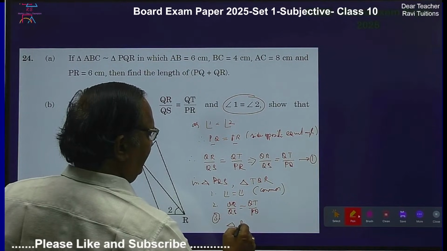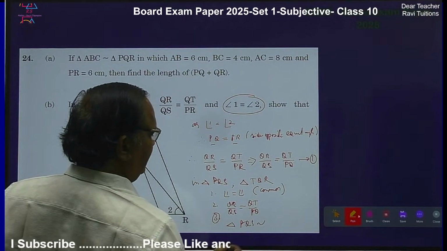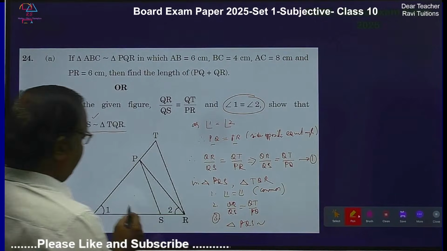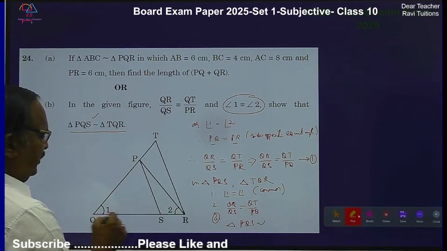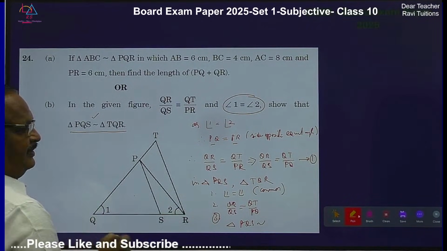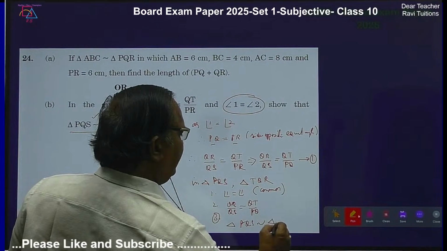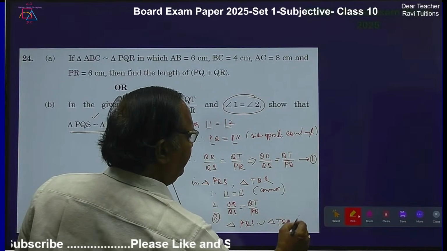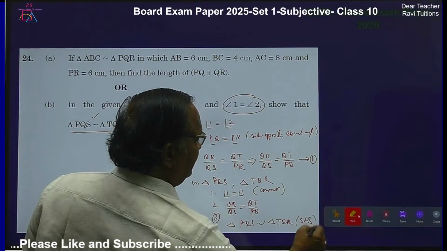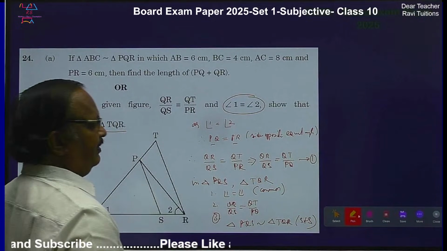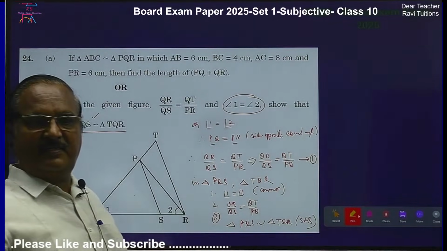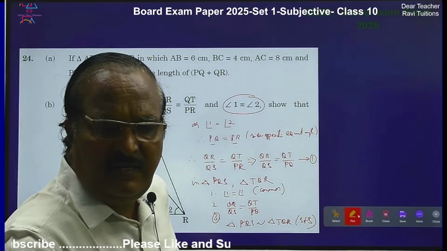Therefore triangle PQS is similar, because these two, PQ and QS, are included sides. Therefore, they are similar by SAS. SAS similarity over. This is the answer. Okay.